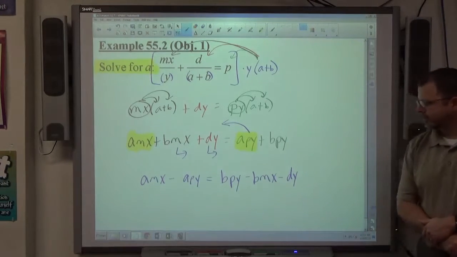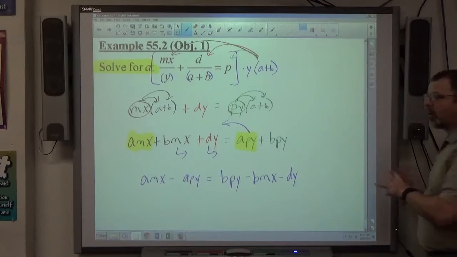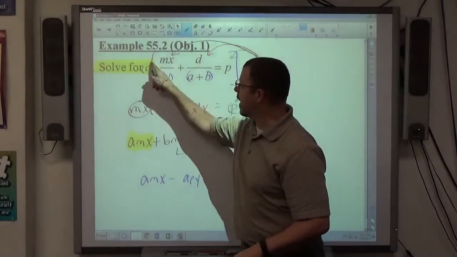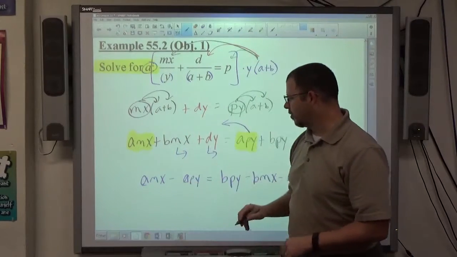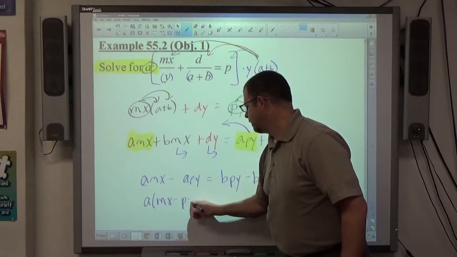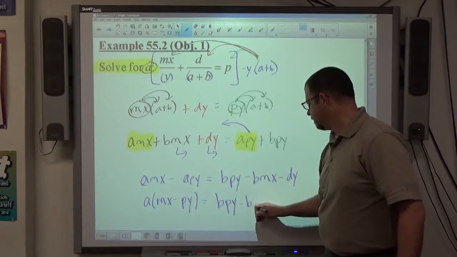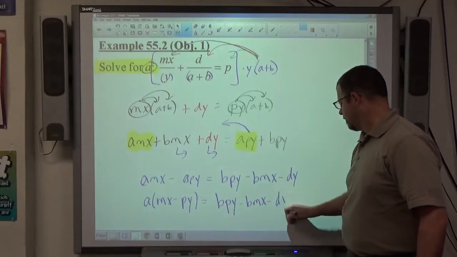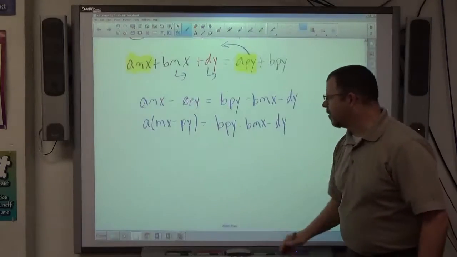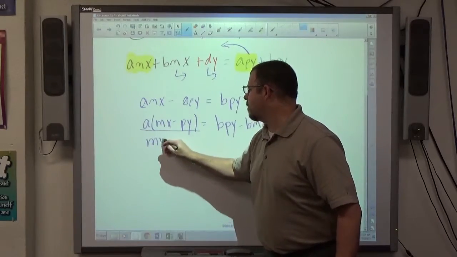Like so. And just like the last problem, once you get to this point where you have everything containing what you care about, a, on one side, there's a in both of those things, that's a common factor, you pull it out. The right hand side, nothing happens to it during that step. Final step in the process, divide both sides by only mx minus py.